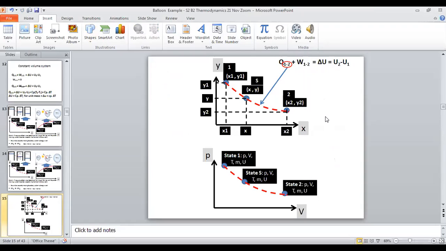You can see what 1 to 2 means. Okay. Quite interesting.